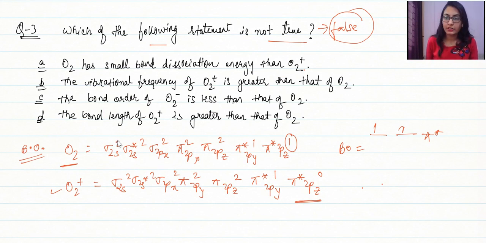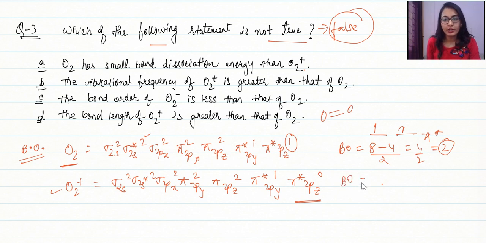It is 2, plus 2 is 4, plus 2 is 6, plus 2 is 8. So I write 8 minus 2 plus 2, these two pairs being in the anti-bonding orbitals, so 4, divided by 2. So 4 divided by 2 is equal to 2. So the bond order of oxygen is 2, as we can see.